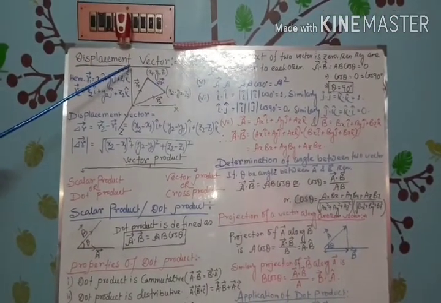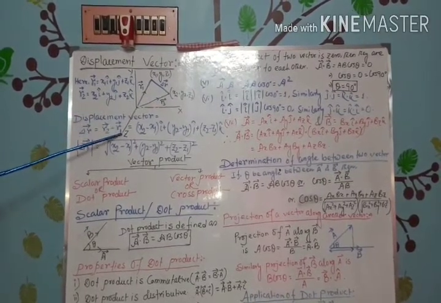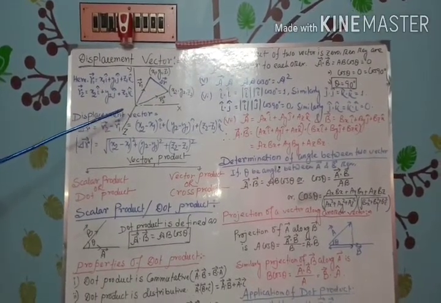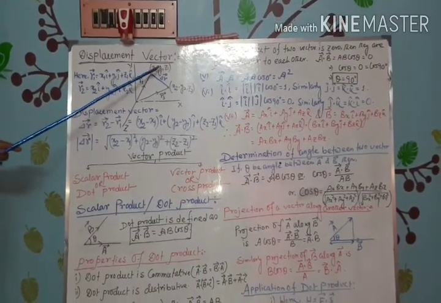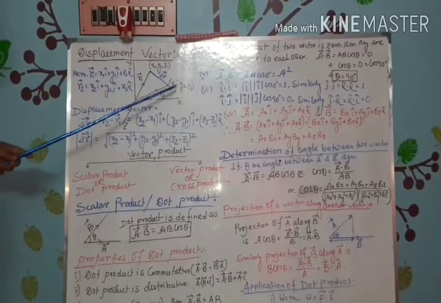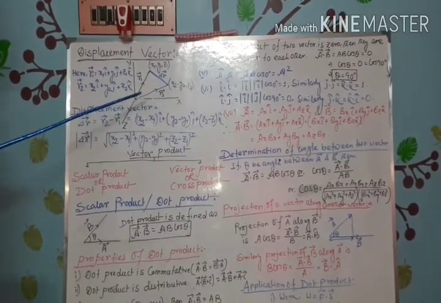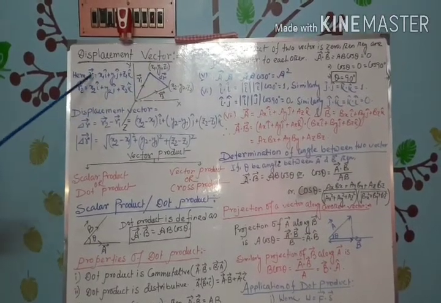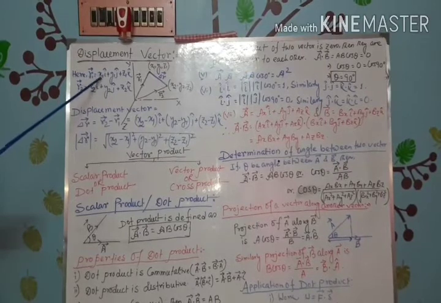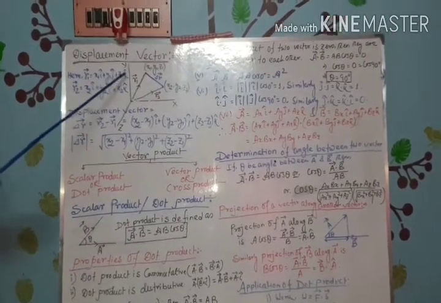So here I consider a three-dimensional coordinate system on which I take 2 points having the coordinate x1, y1, z1 and x2, y2, z2. The position vector of the coordinate x1, y1, z1 is r1 vector equal to x1 i cap plus y1 j cap plus z1 k cap.